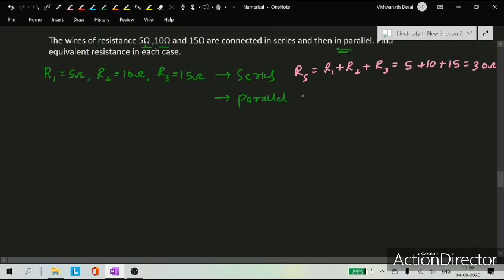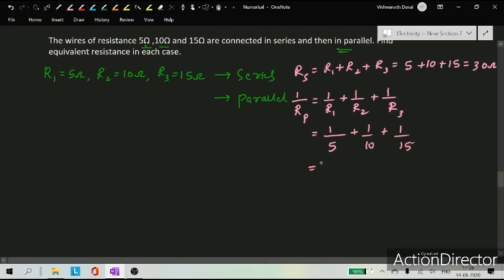Next, parallel. The formula for this one is 1 by Rp is equal to 1 by R1 plus 1 divided by R2 plus 1 divided by R3. Substitution also carries a mark. R1 value is 5, R2 value is 10 and R3 value is 15.